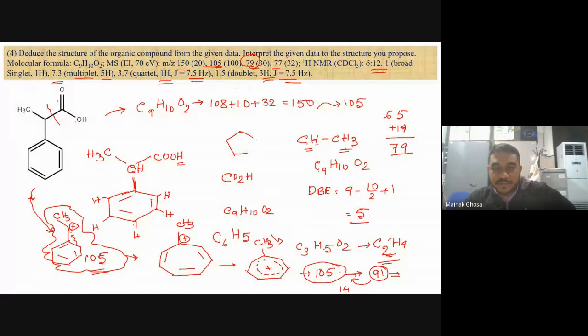This could be this one, and the positive charge is delocalized over here. Now another peak is present at 77. The 77 peak is most likely due to loss of hydrogen. H2 loss you can easily say.